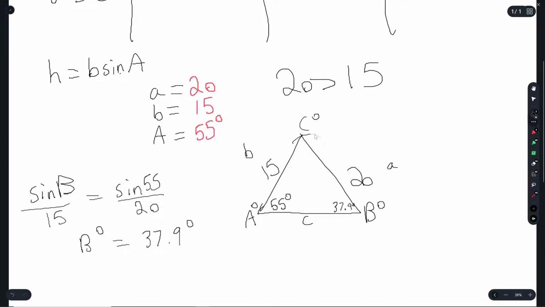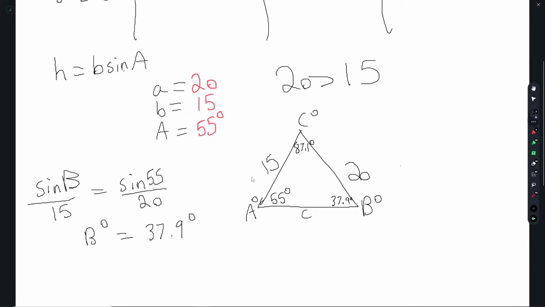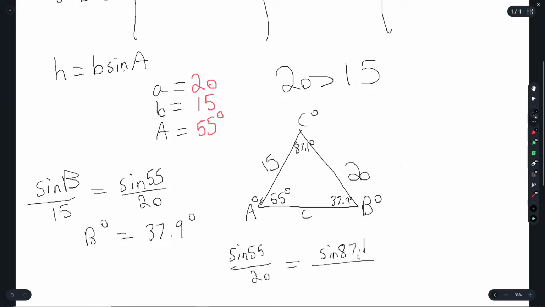And then we can find the third angle by doing 180 minus both angles, which will give us 87.1 degrees. Okay, let's use the law of sines again to find side C. So sine 55 over 20 is equal to sine 87.1 over C.